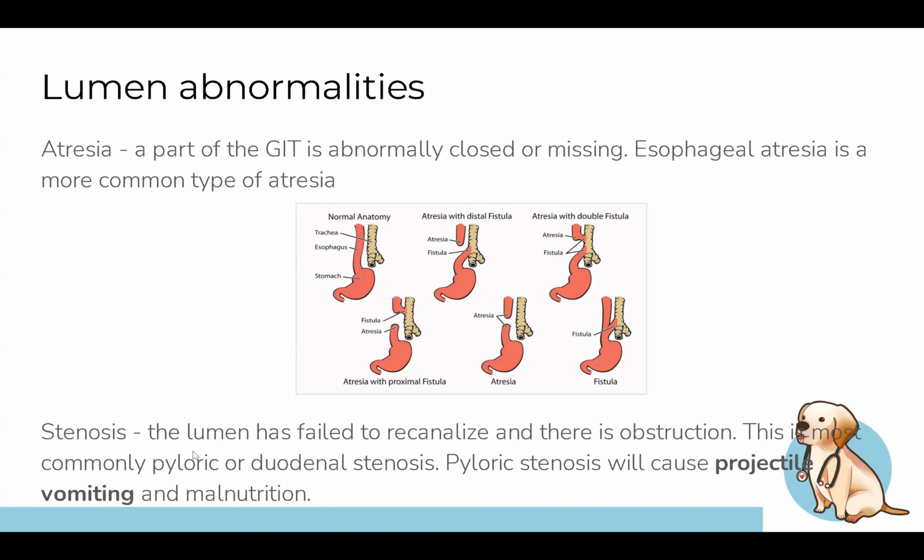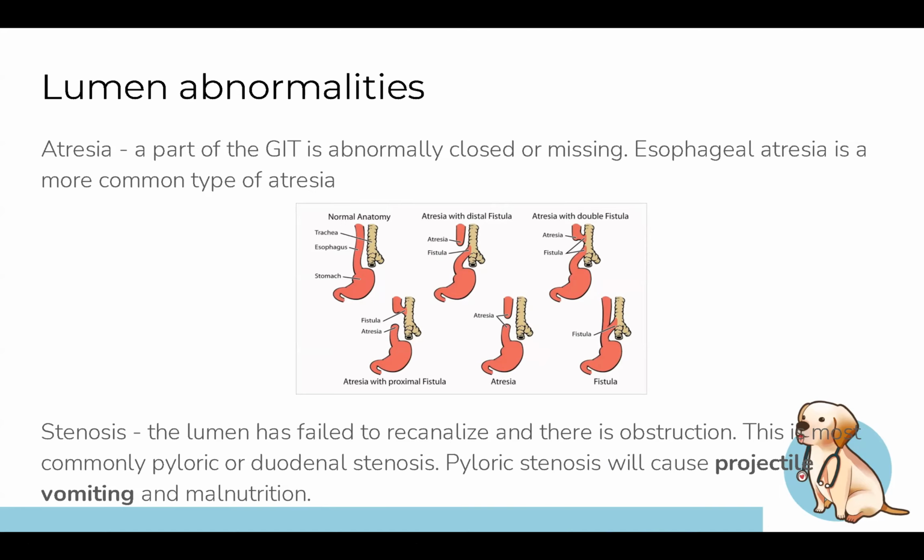This is a bit of a buzzword on the exam. Pyloric stenosis will cause projectile vomiting because nothing can go through and your stomach just rejects it, and they literally projectile vomit. And also malnutrition because you're not absorbing anything. So this is obviously in very young babies. You're not going to get an adult with an embryological cause of pyloric stenosis.